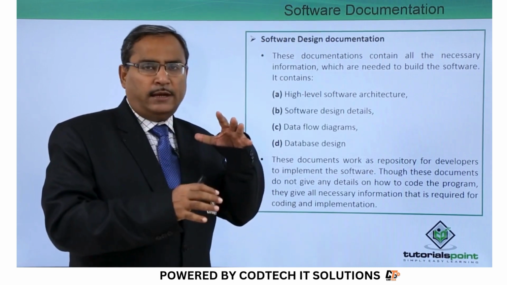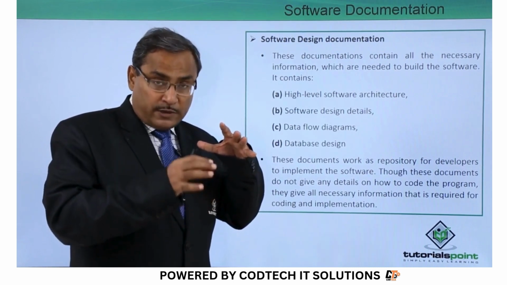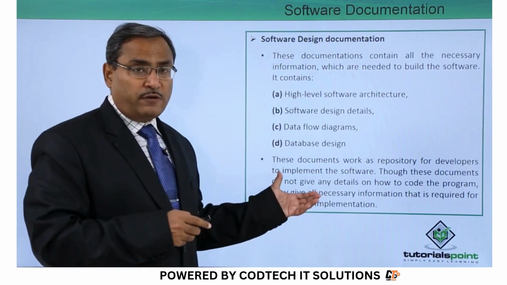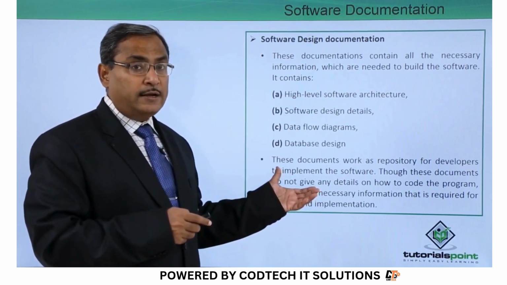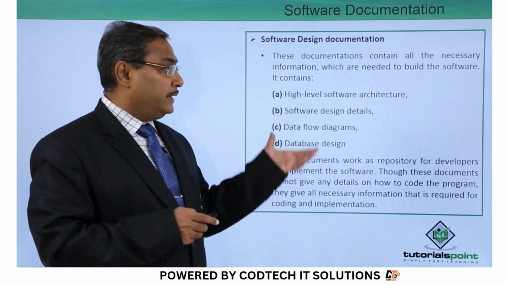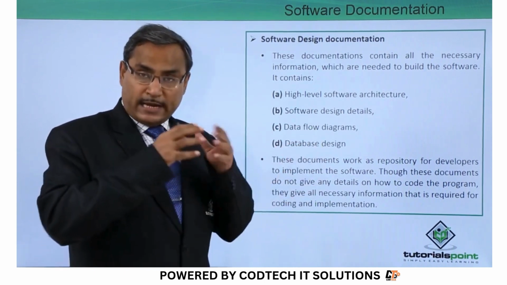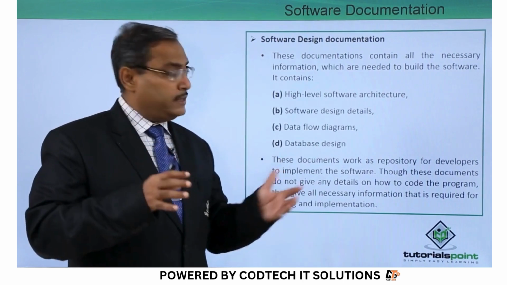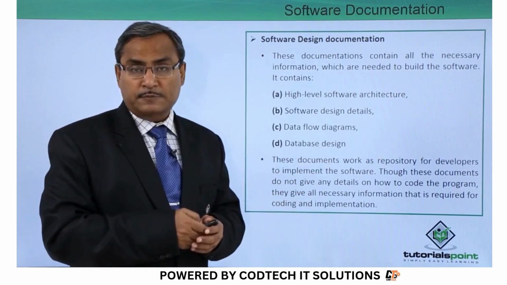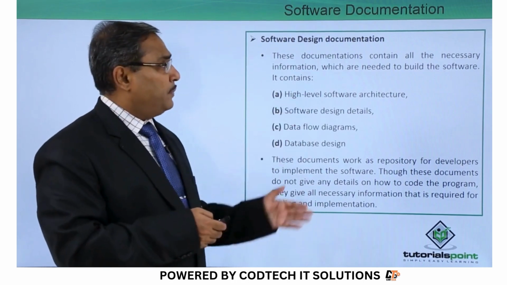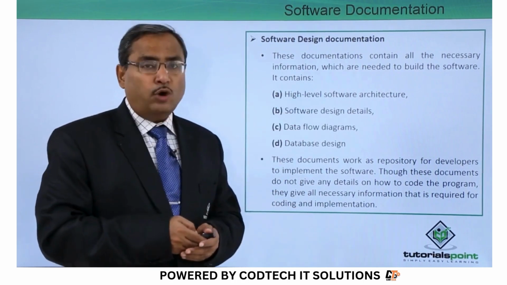Obviously the technical documentation will come, which will be very close to the implementation and coding part, but from this software design documentation you get the idea of the high level software architecture, the software design details, the data flow diagrams and the respective database design, how the database design will be done. Here we can also consider ER diagrams and so on, schema diagrams may also come here. So this is our part of the software design documentation.